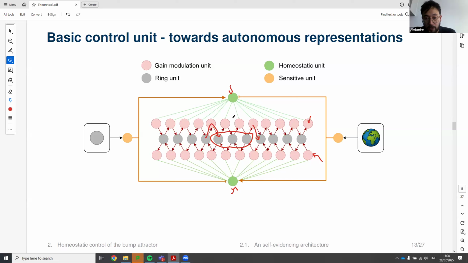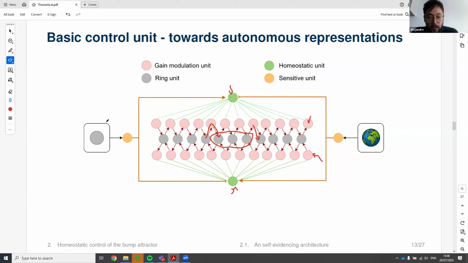We call these homeostatic units because this is a homeostat. It's a neural circuit that is found in mammals and also in some insects for thermoregulation. It's called the Hammel model.